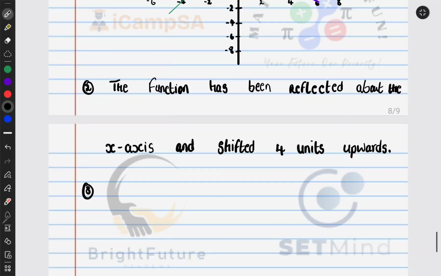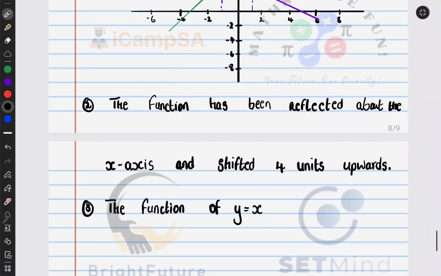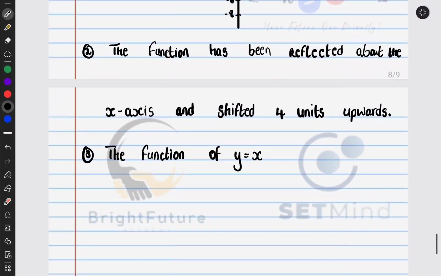So what has happened here, remember we are talking in terms of what has been done on the function of y is equal to x.